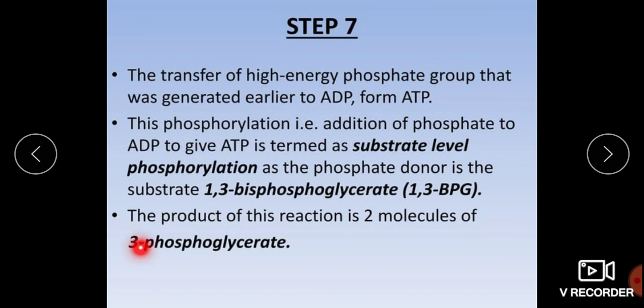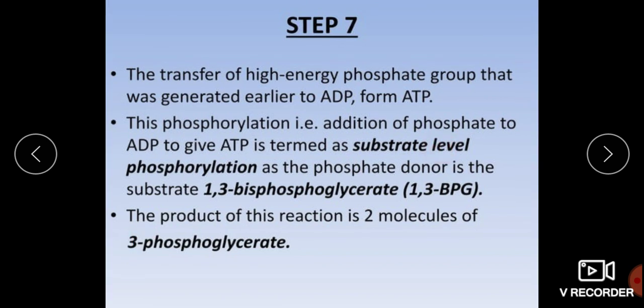This is a substrate level phosphorylation where there is a formation of an ATP molecule. The 1-phosphate of 1,3-diphosphoglycerate is accepted by ADP, and this ADP gets phosphorylated to ATP. So this is an example of substrate level phosphorylation. Here the phosphate donor is the substrate 1,3-diphosphoglycerate. In step 7, the 1,3-diphosphoglycerate gets dephosphorylated to 3-phosphoglycerate.